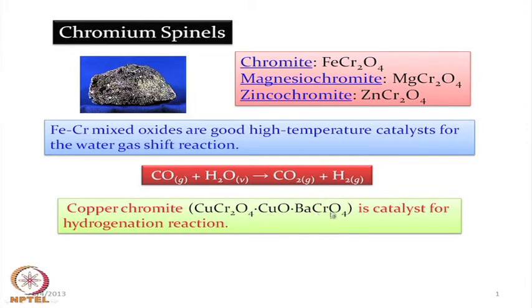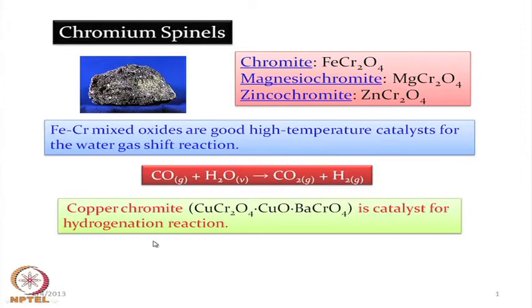So, both chromate and chromite forms are present over there, and they are coexisting together in the solid state. So, in the solid state structure we have the corresponding formulations for copper chromite, copper oxide and barium chromate. And in organic chemistry, for typical organic synthesis, we find that this catalyst is very useful for hydrogenation reactions.